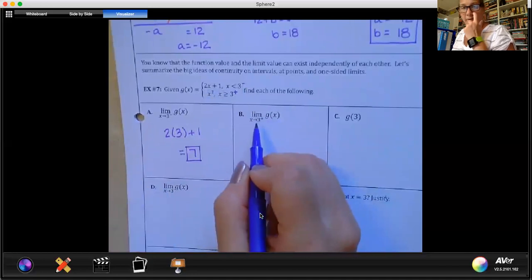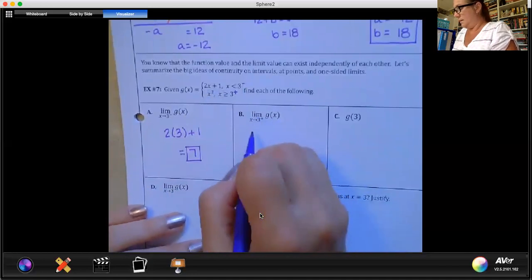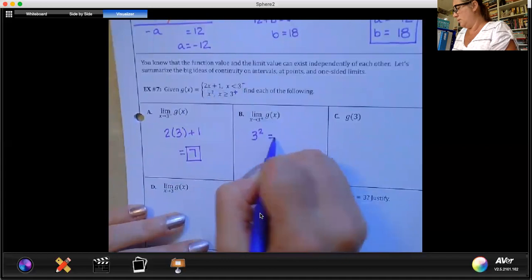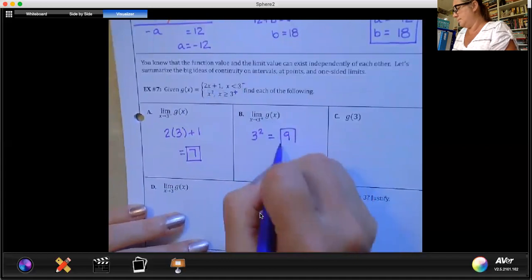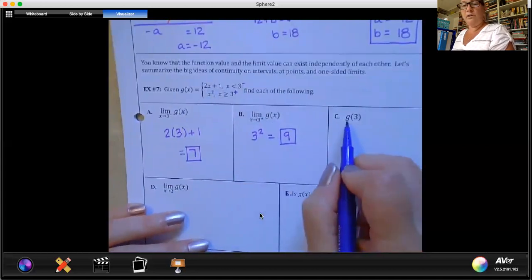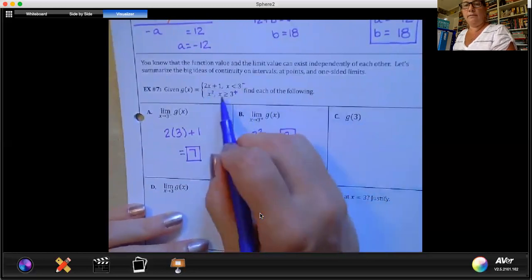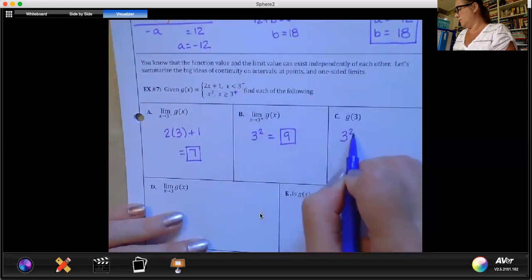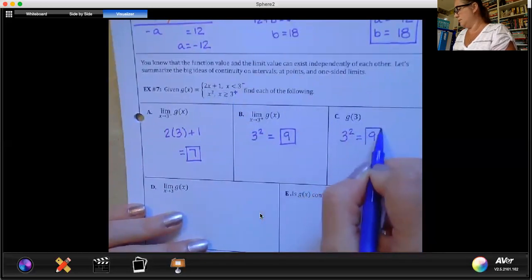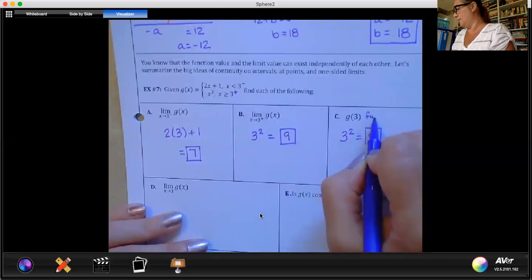Approaching 3 from the right of g of x is 3 squared, which is 9. Functional value g of 3 means you're looking for that underlined inequality. 3 squared equals 9. Remember, that is your functional value.